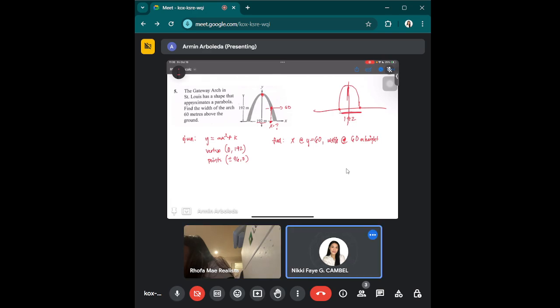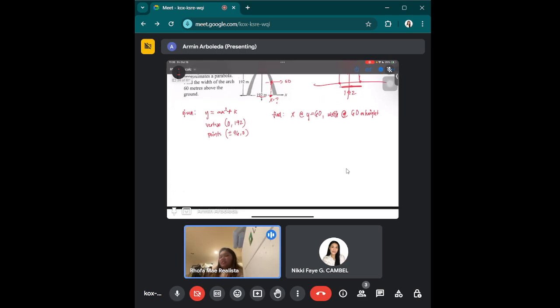Is it negative 1 over 48? Yeah. The equation is y equals negative 1 over 48 x squared plus 192.